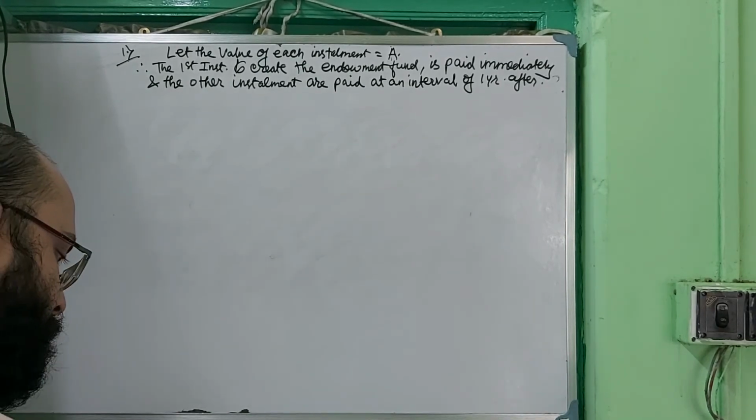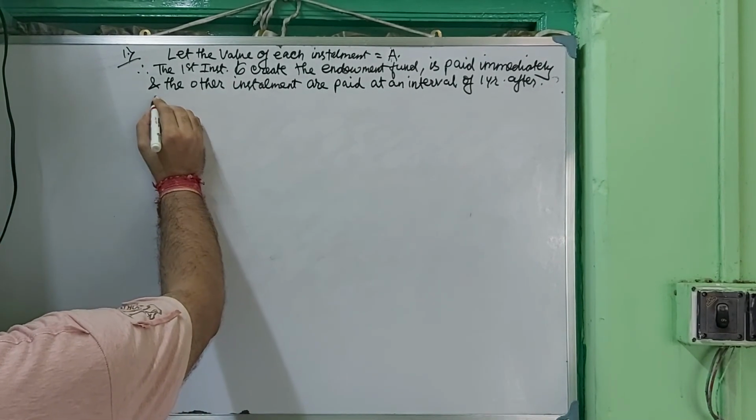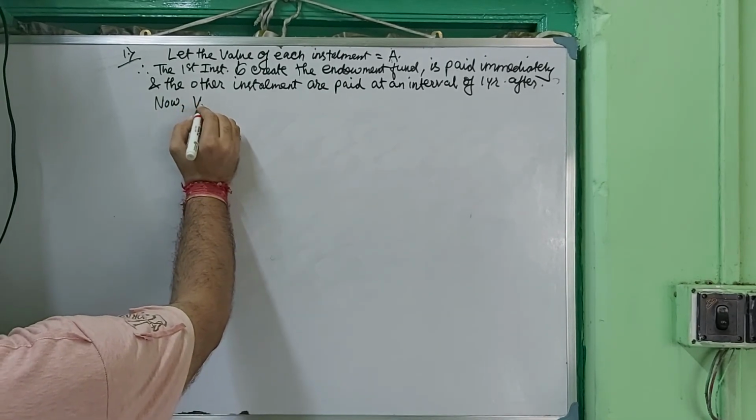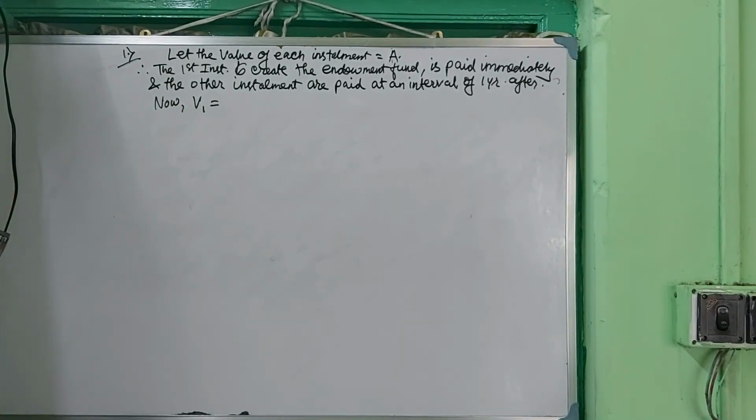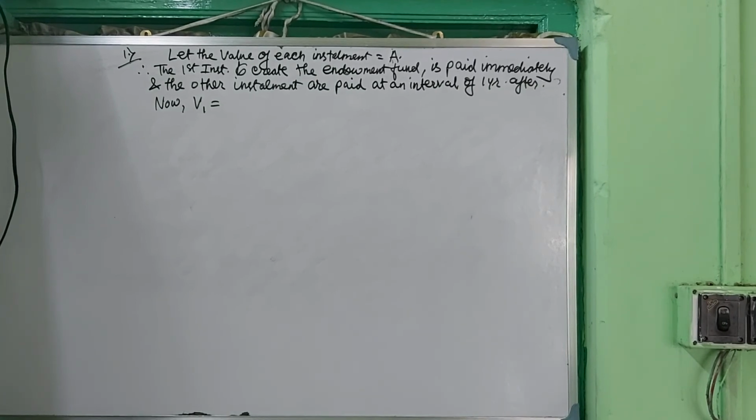Now, V1 will be the present value of 5 installments.